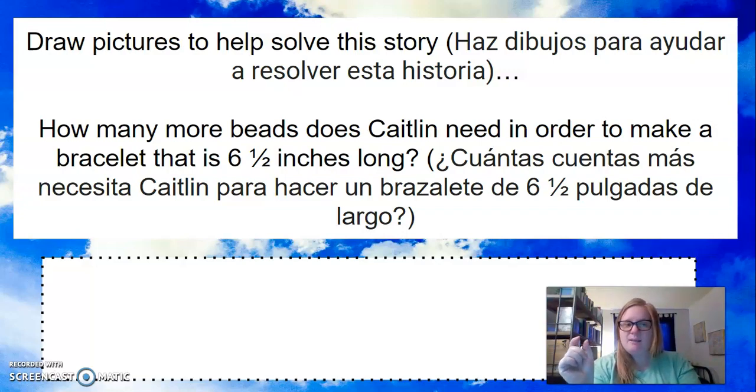Okay, so how many beads does it take to make a 6.5 inch long bracelet? Knowing that we've already used 5 to make 2.5 inches, okay? Because it's asking how many more beads, all right? So go ahead and solve that and come back in 5, 4, 3, 2, 1.